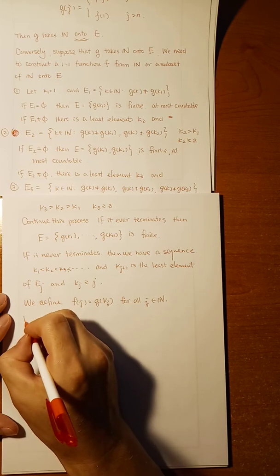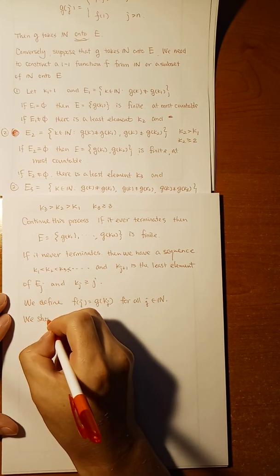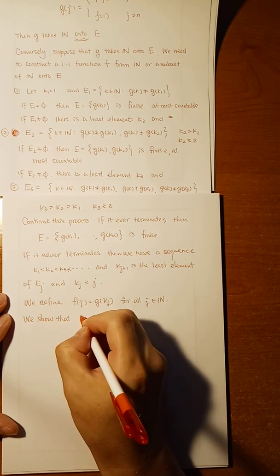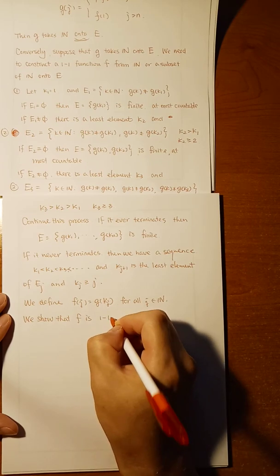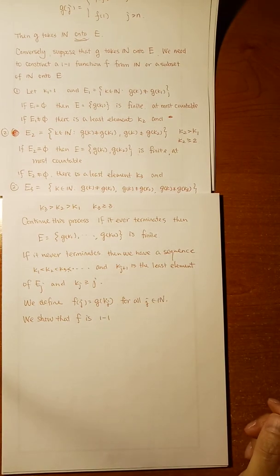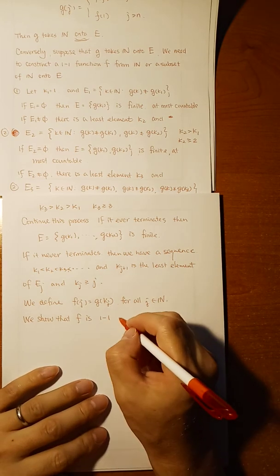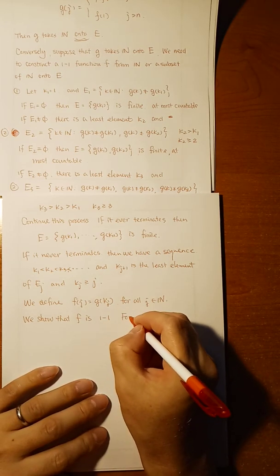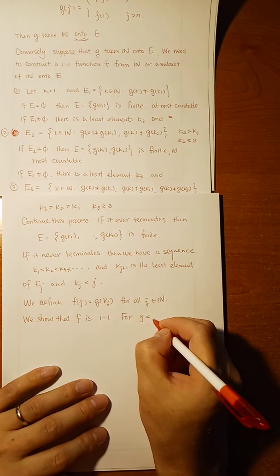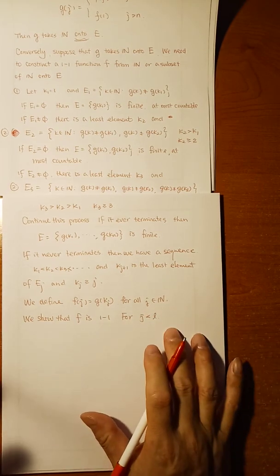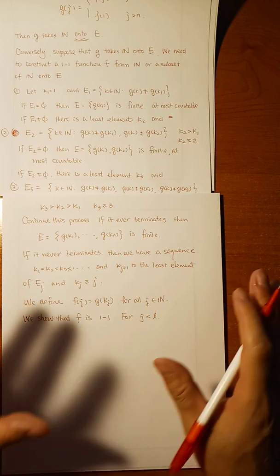And then we show that F is 1 to 1. For j less than L, j is not equal to L. You have a small number and a large number.